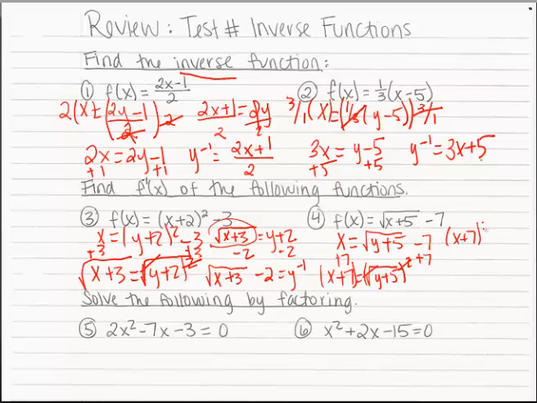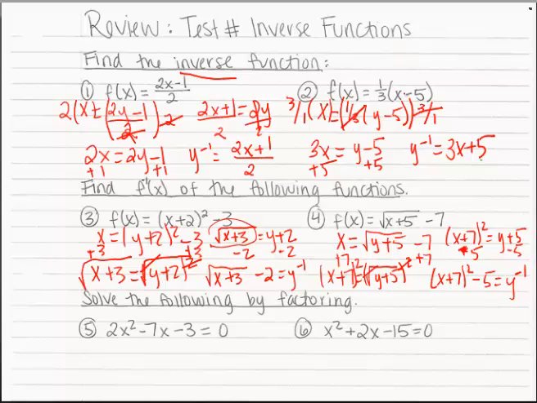So I get (x plus 7) squared, there should be a squared over here, is equal to y plus 5. Then I subtract 5, subtract 5. So my final answer is (x plus 7) squared minus 5 is equal to y inverse.